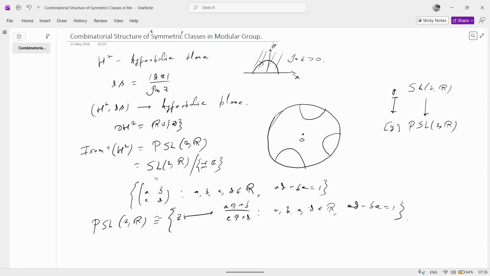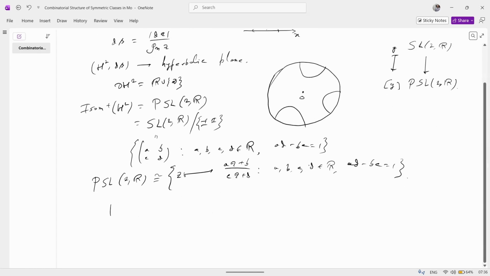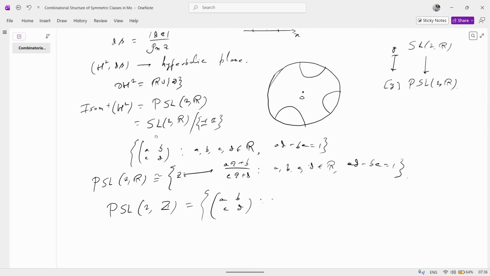Okay, so now in this lecture we are interested in the group which is the modular group, which is PSL2Z. So the group of 2 by 2 matrices with integer coefficients, determinant 1, modulo plus minus identity. So this can be realized as a subgroup of PSL2R.